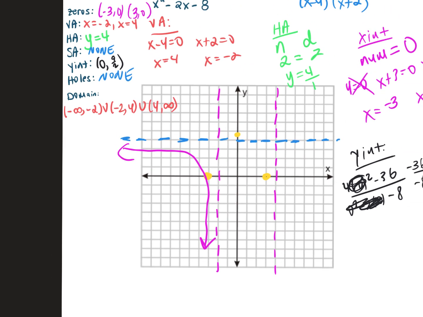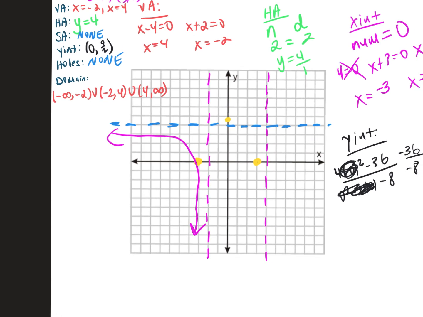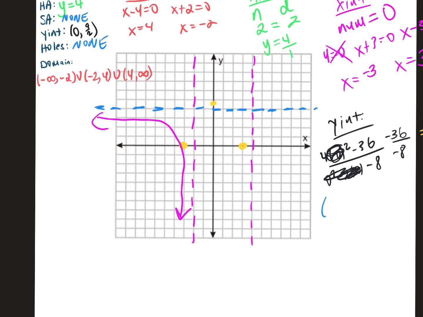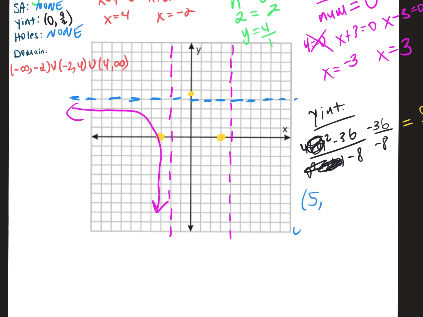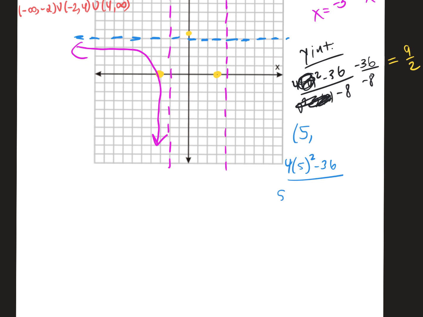So now I'm going to turn my attention to the right side of my vertical asymptote. What is a number bigger than 4 on the x-axis? Okay, let's plug in 5 and see what value I get out for y. So I have 4 times 5 squared minus 36 over 5 squared minus 2 times 5 minus 8.